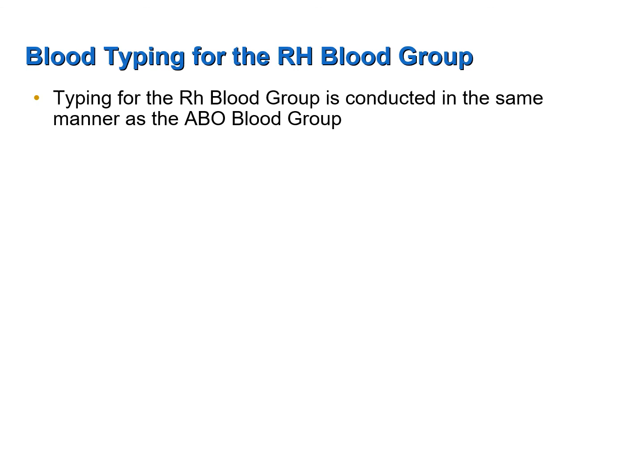Even after we type both the ABO and Rh blood groups in both donor and recipient blood, we will perform a second procedure which is called cross-matching. Here we take a small sample of donor blood and we mix it with a larger sample of recipient blood, and we'll take a small sample of recipient blood and mix it with a larger sample of donor blood, and we'll look for clumping or agglutination.